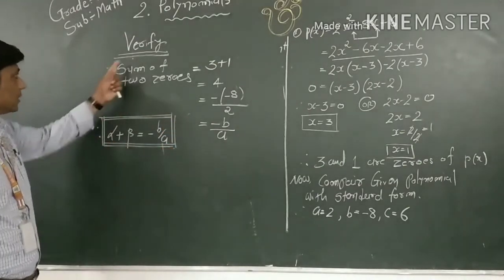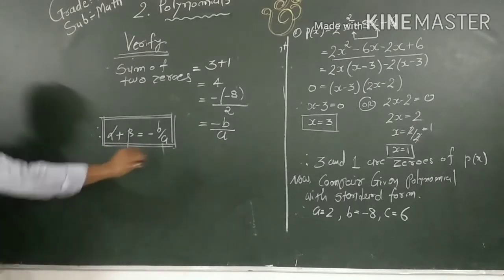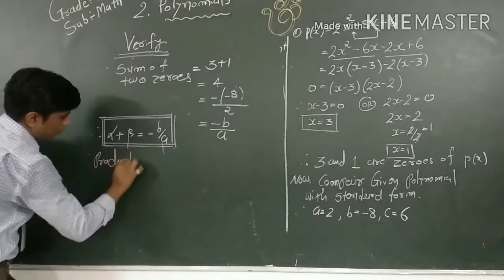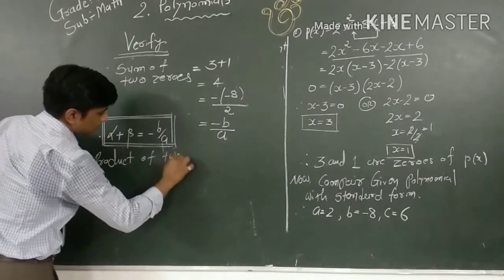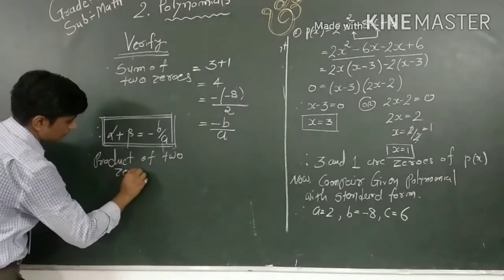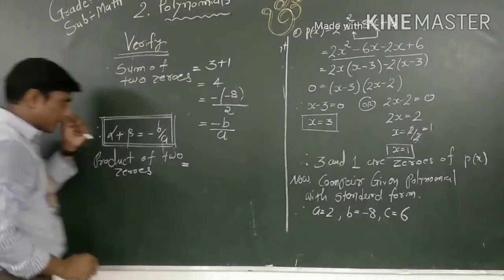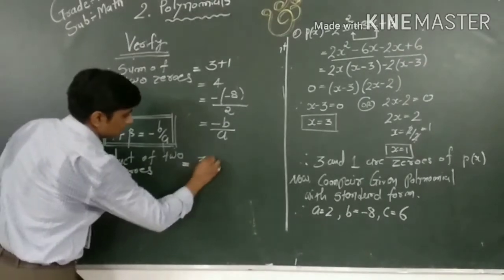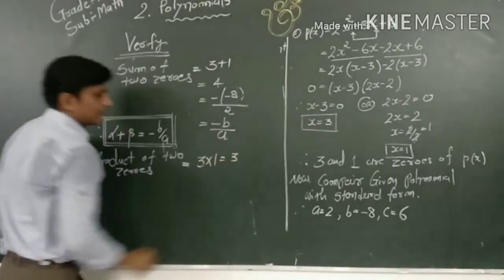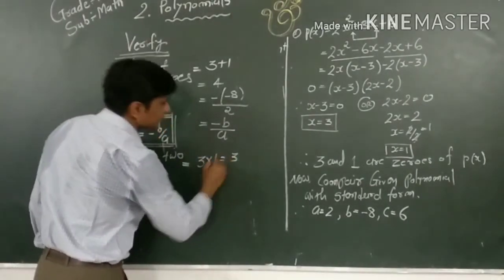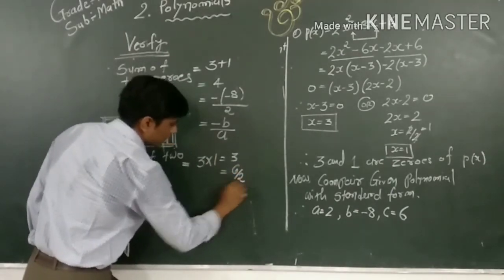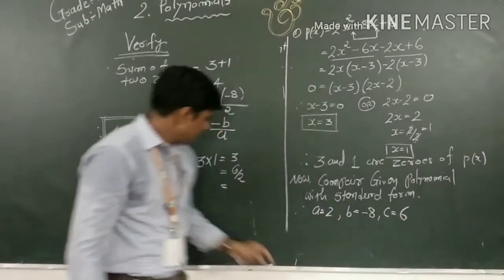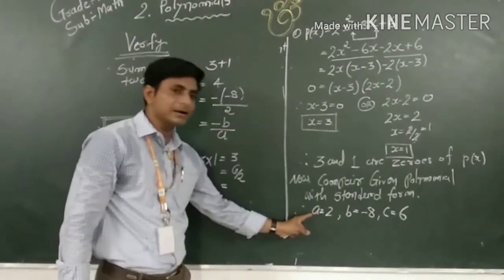Now we calculate the product of two zeros. The product of two zeros is equal to 3 into 1, that means 3, and we write 3 as 6 upon 2. 6 is nothing but c, and 2 is nothing but a.